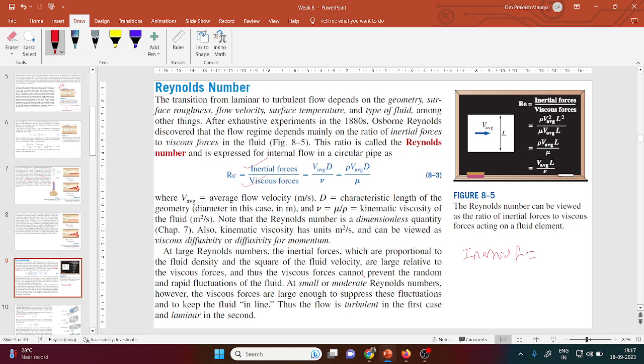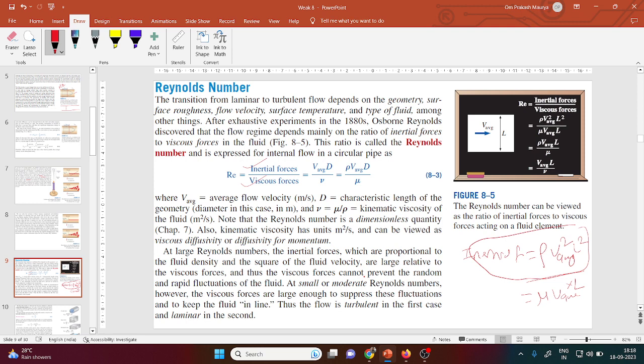Inertia force means the force due to the mass flow: rho times average velocity squared times L squared. This is divided by the viscous force, which is due to the viscosity and length.